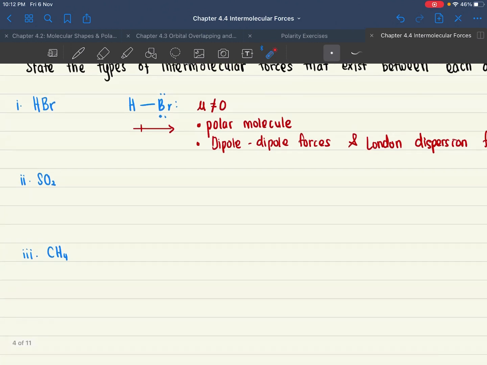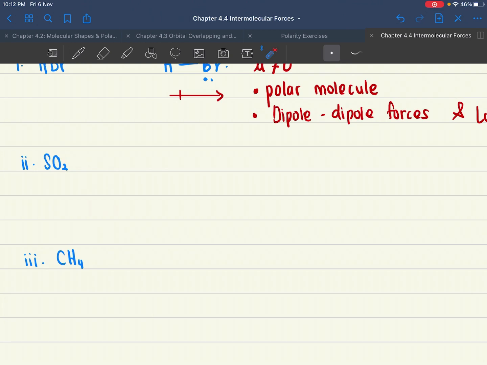For SO2 sama juga. We need to start with the polarity, tapi kita kena draw Lewis structure dan draw dalam geometri yang betul. So SO2, the molecular geometry dia should look like this. S ada one lone pair, double bond, and the shape dia adalah V shape.